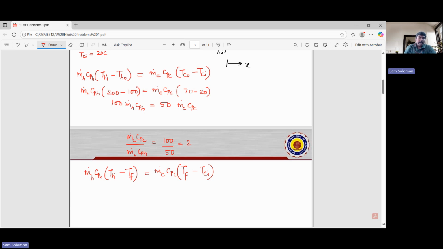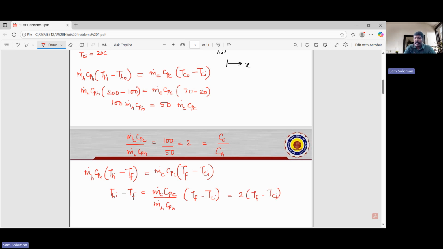Now what we know is m dot c Cpc by m dot h Cph, that is the capacitance rate, capital Cc by capital Ch, is going to be 2. So we can write Thi minus Tf is equal to m dot c Cpc divided by m dot h Cph times (Tf minus Tci), and that is simply 2 times (Tf minus Tci).